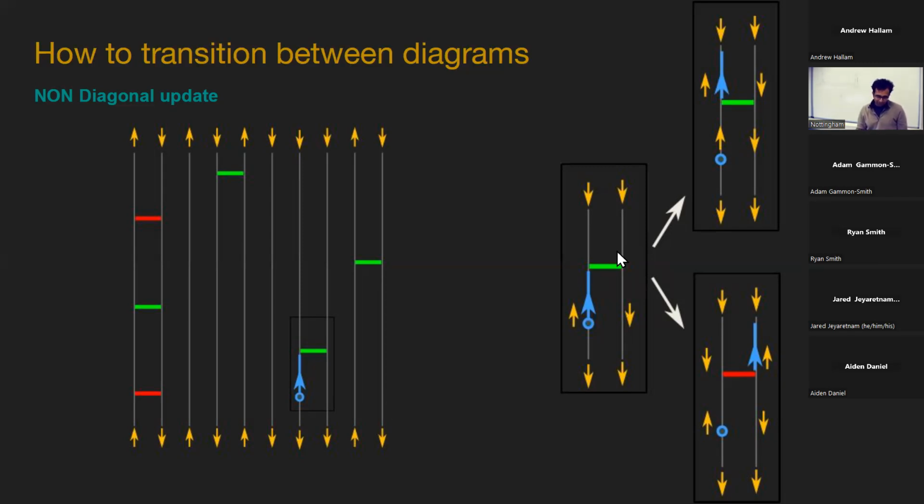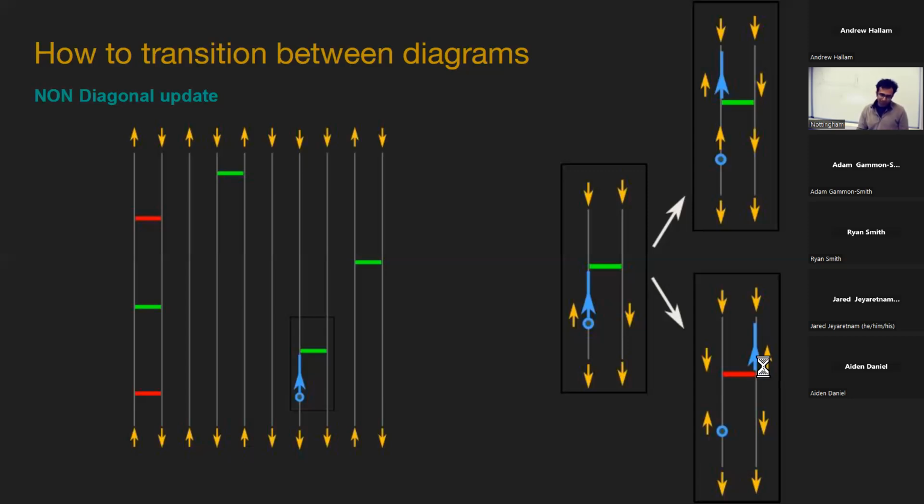If it encounters a diagonal vertex, it can continue forward without modifying the configurations, in which case the only possibility is that there is a diagonal vertex here. Or this update instruction can swap to the adjacent site, but in that process change the vertex from a diagonal vertex to a non-diagonal vertex.